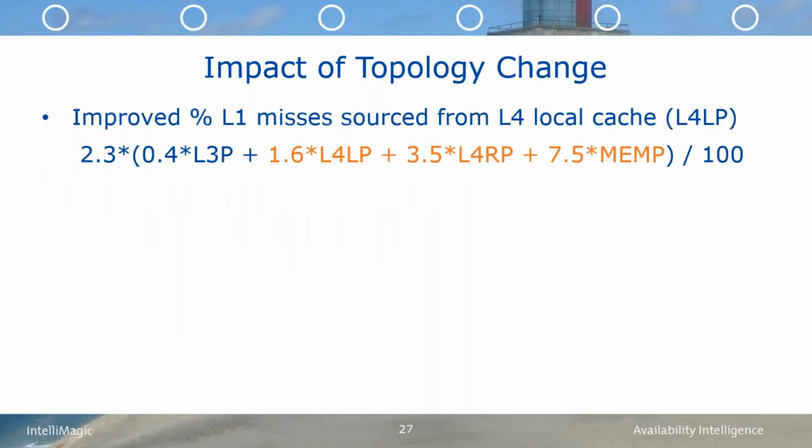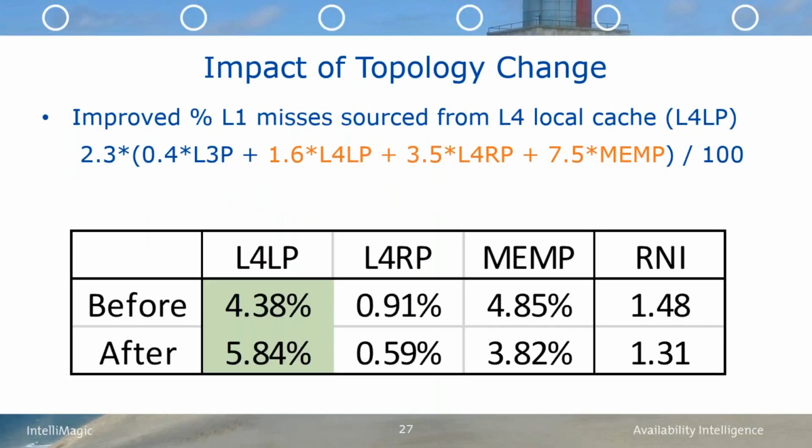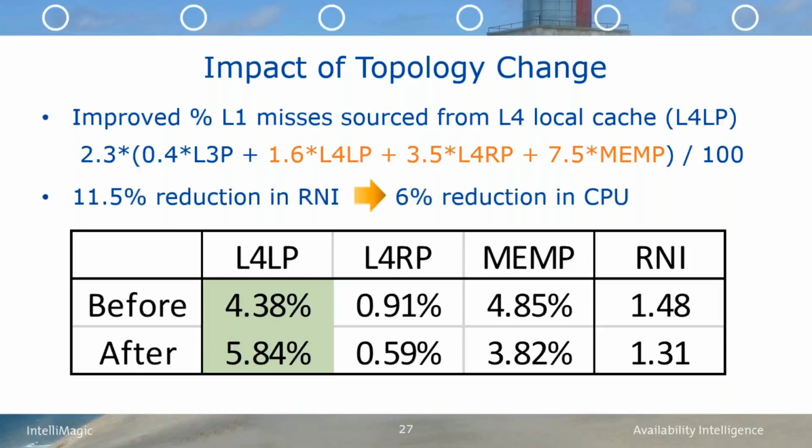Now, I included the z13 RNI formula again here to remind us how much lower the weighting is for level 4 local hits than for level 4 remote and memory. An additional 1.5% of level 1 misses were now sourced from level 4 local cache, the L4LP in green, reducing the frequency of trips to remote cache and especially to memory.